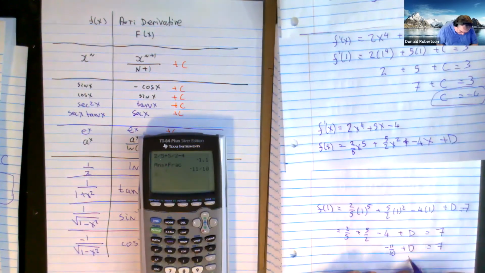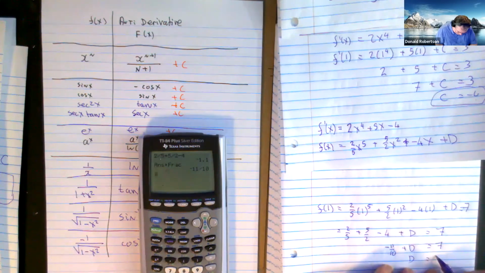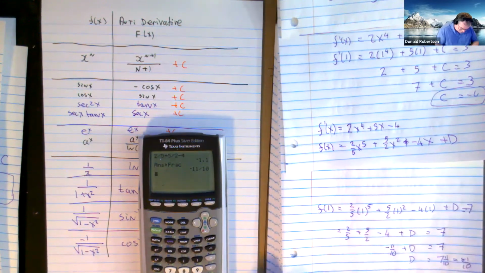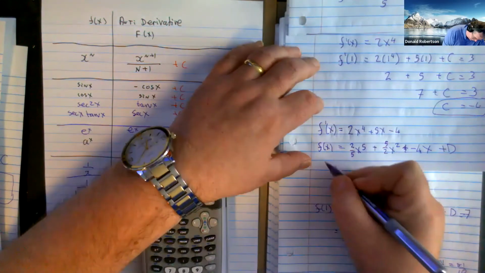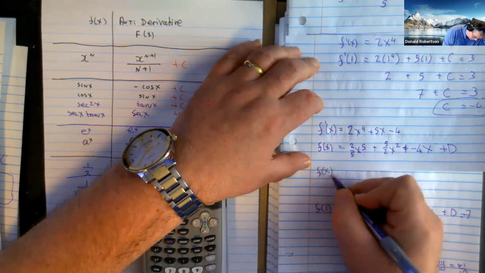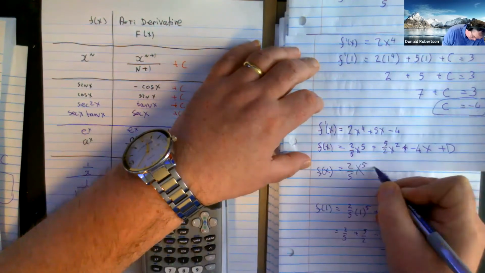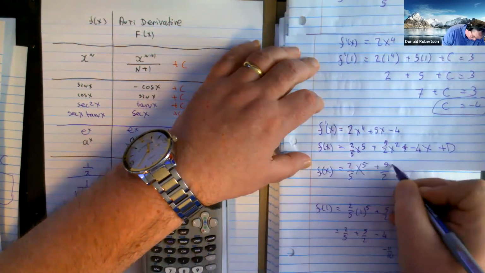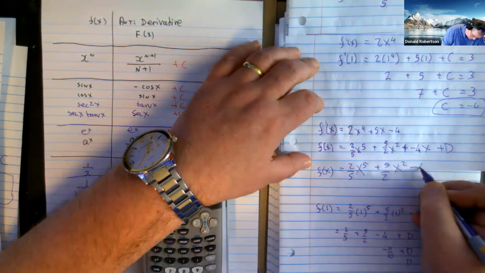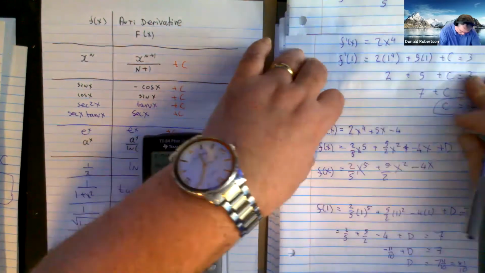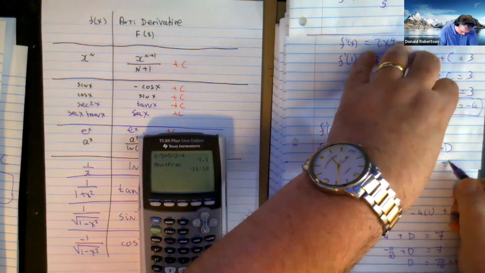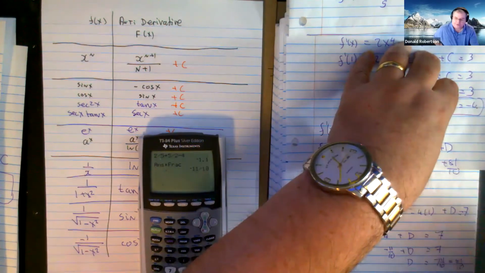If I add that to both sides, I get, well, essentially that, but nobody would ever write it like that. I get 81/10, which means that this answer here is 2/5 x to the 5 plus 5 halves x squared minus 4x plus 81/10.